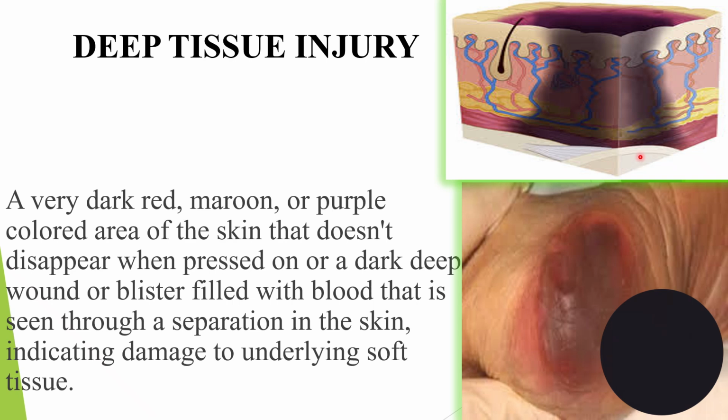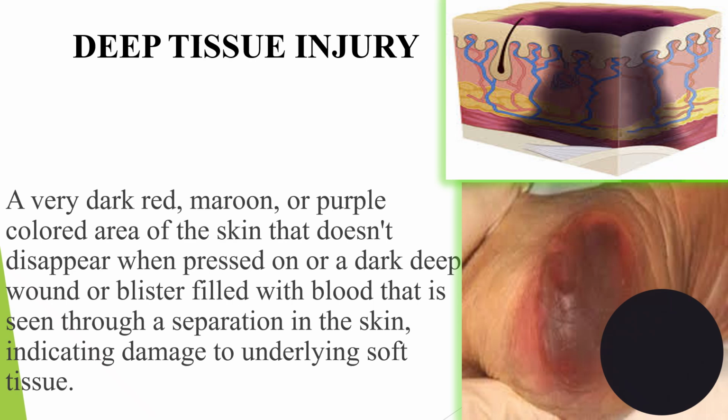If you press, do a blanching, it does not disappear, it remains in that state. It indicates the underlying soft tissue got affected, which we call a deep tissue injury.